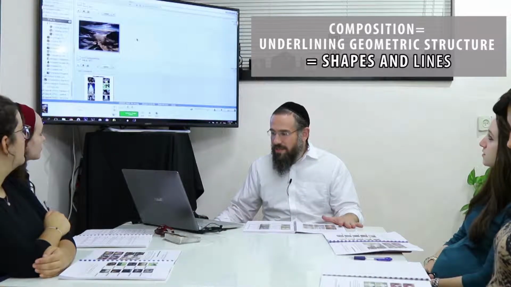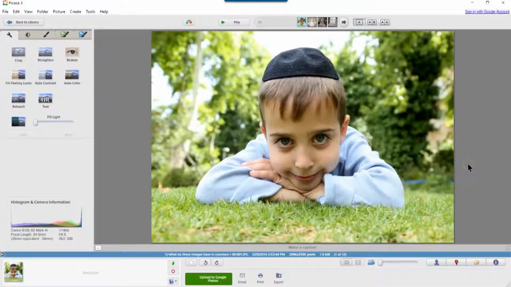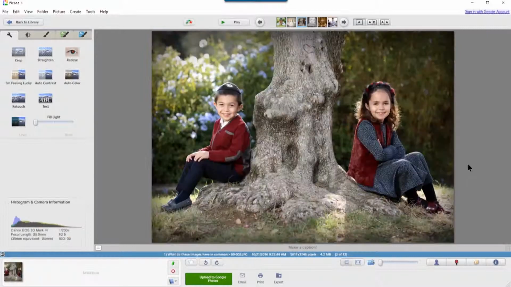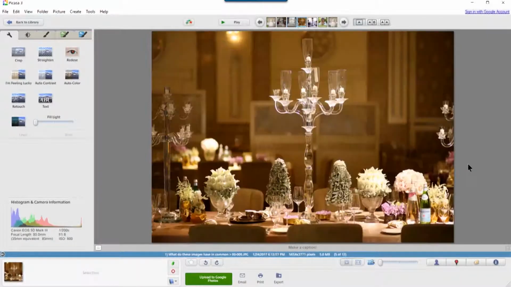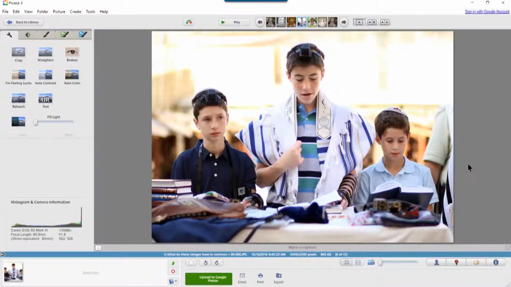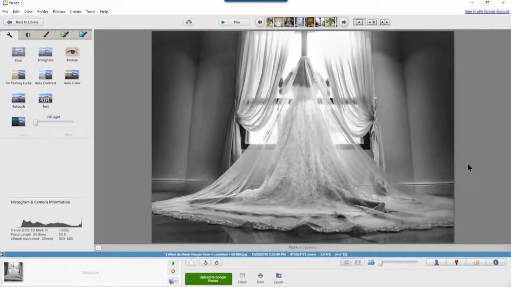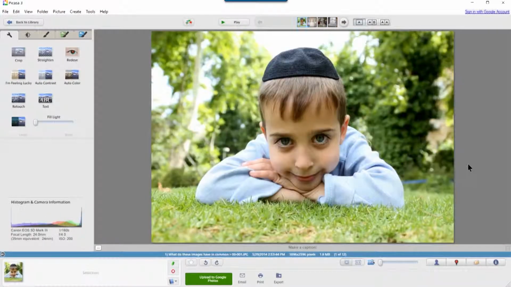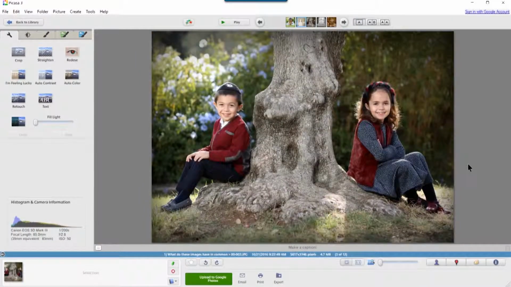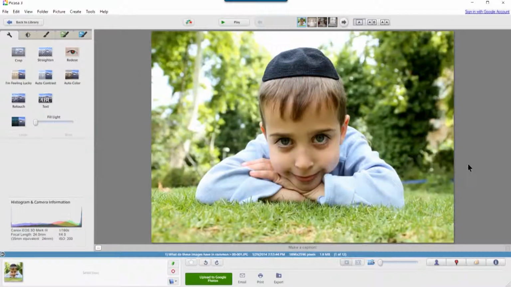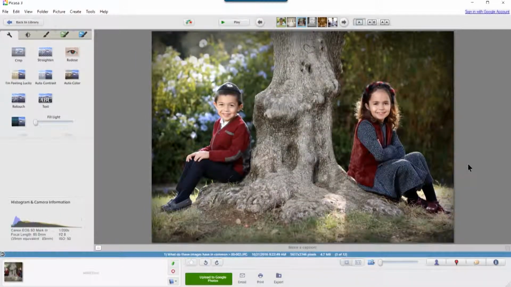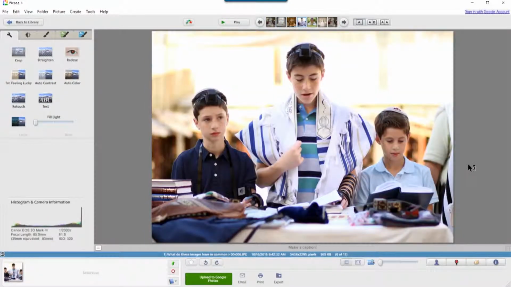Let's have a quick look here. I'm going to show you 6 images, and tell me, what is the common denominator of all these pictures? What do these pictures all have in common? 1, 2, 3, 4, 5, 6.